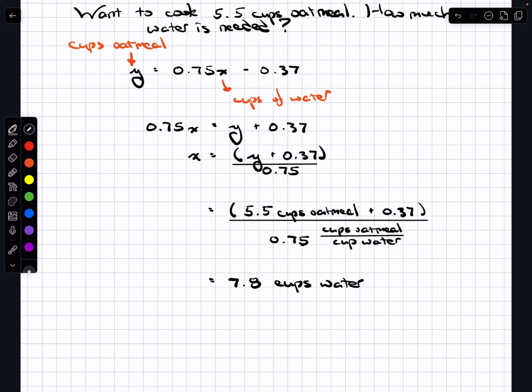The reason it's cups of water is that you'll notice I have cups of oatmeal up here and cups of oatmeal down here. Those oatmeals cancel out, leaving me, after the division, with units of cups of water. So if I wanted to make 5.5 cups of oatmeal, I would need 7.8, roughly about 8 cups of water to do it.